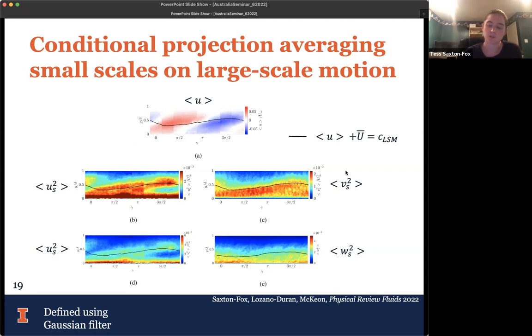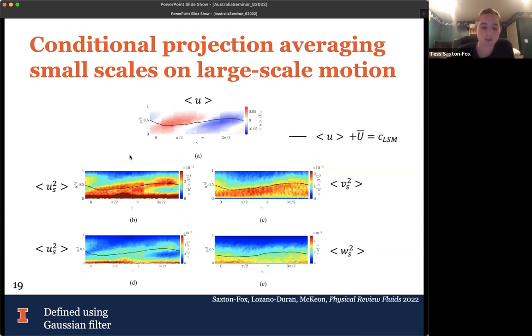How does wall normal small scale velocity intensity change with this phase? And this black line is just this information plus the mean. So you can see that total velocity perspective, which is shown here at the iso-contour where it matches the convection velocity of this model.